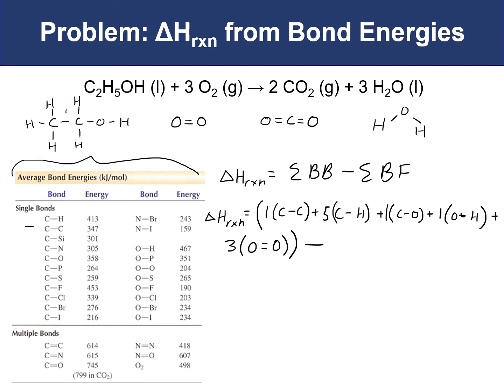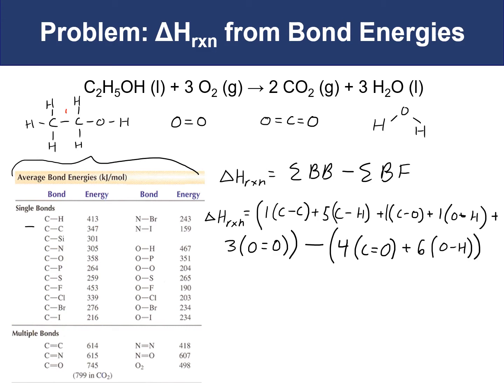We subtract off the bonds that are formed. We have 2 carbon-oxygen double bonds per carbon dioxide, and we have 2 of those. So we have a total of 4 sets of carbon-oxygen double bonds. Plus, in our water, we have 2 oxygen-hydrogen bonds, and we have 3 waters, so that would be 6 sets of oxygen-hydrogen bonds.